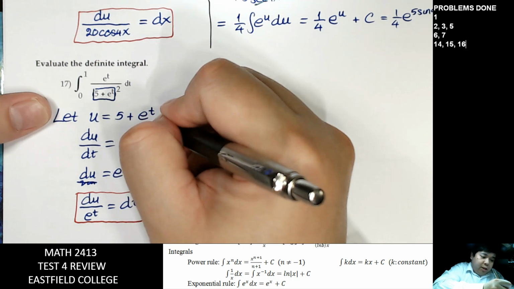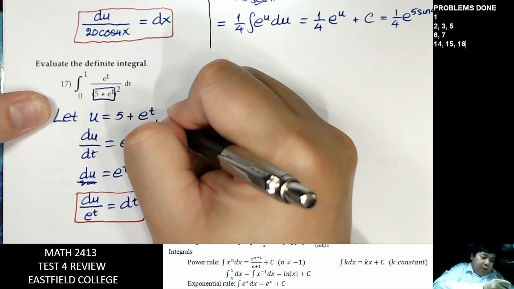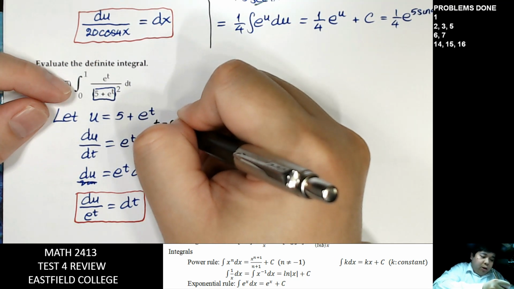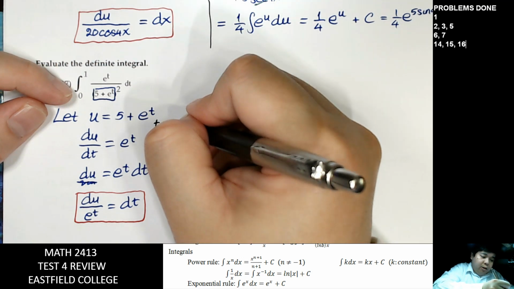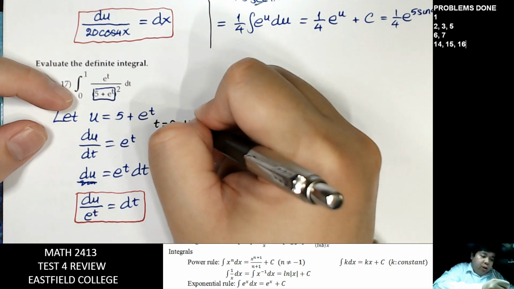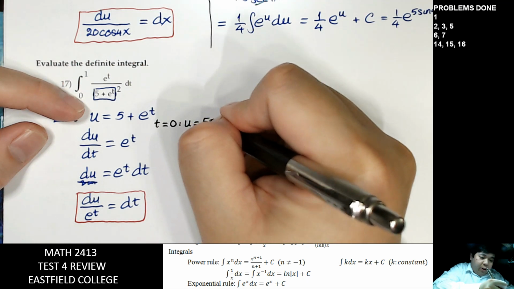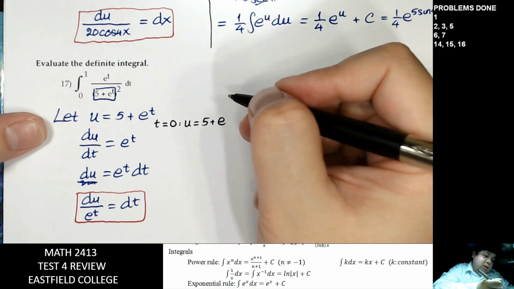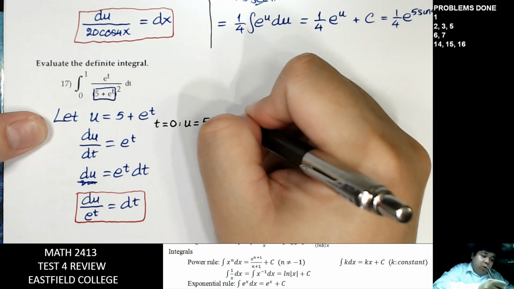Now, t equal to 0, u equal to 5 plus e to the 0, which is 1, so it's going to be 6.